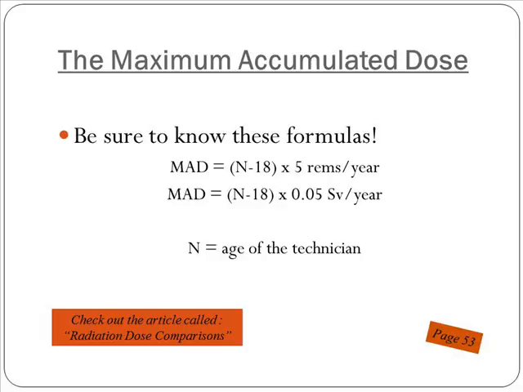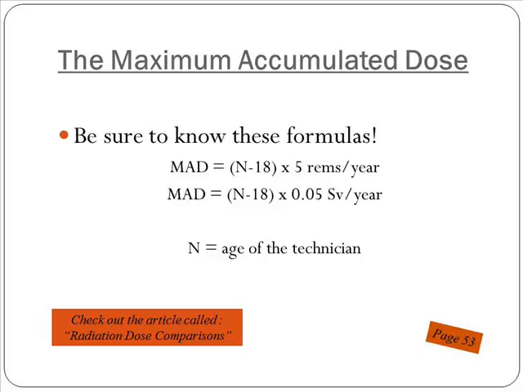Now, when we want to look at lifetime amount, that is the maximum accumulated dose, a lifetime amount that is acceptable for healthcare workers. You do need to know this formula. This formula is on the National Board exam.